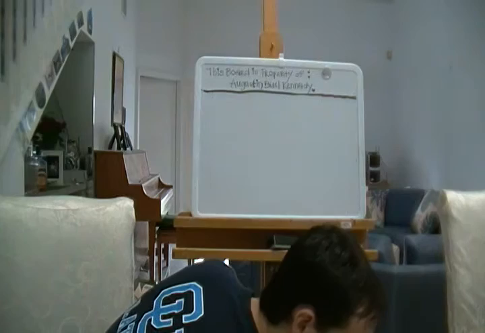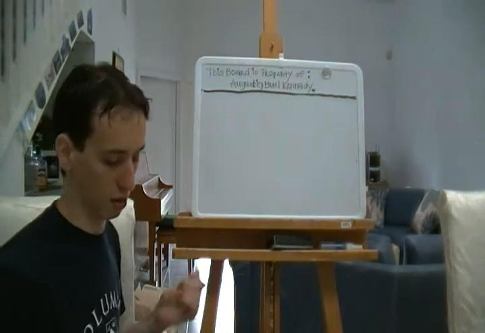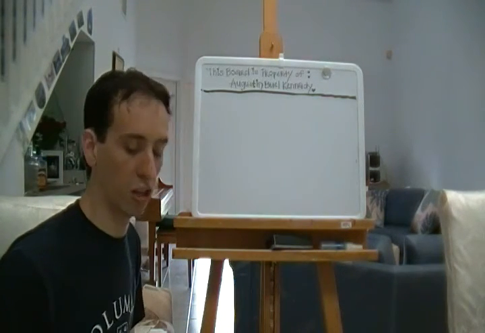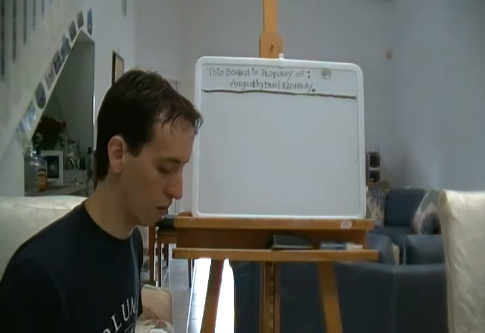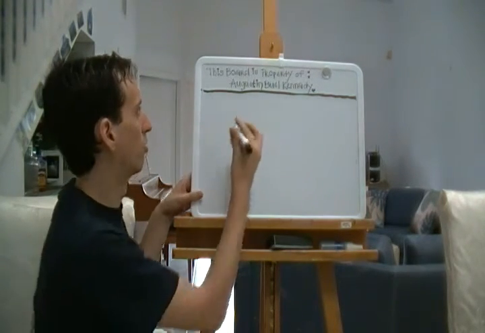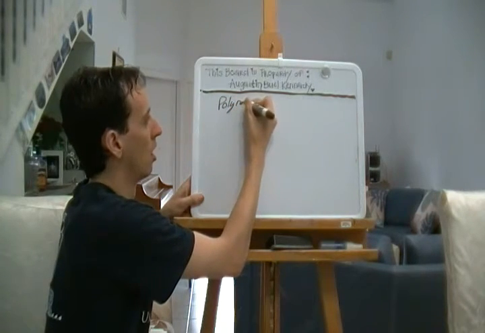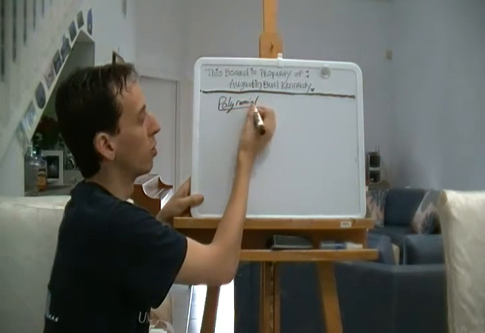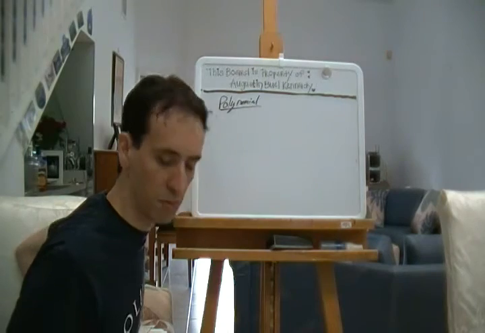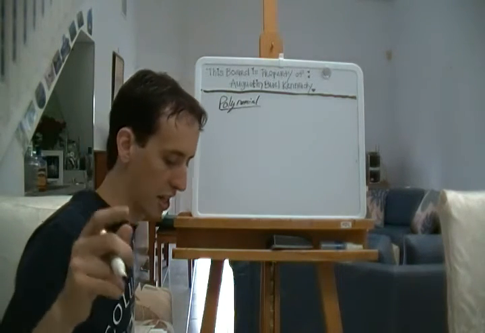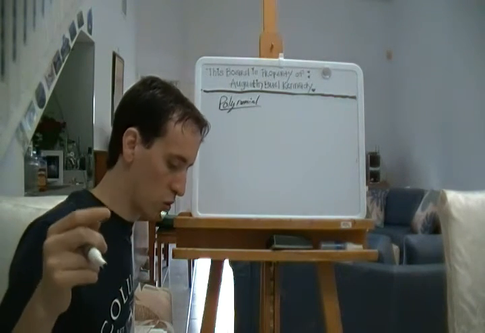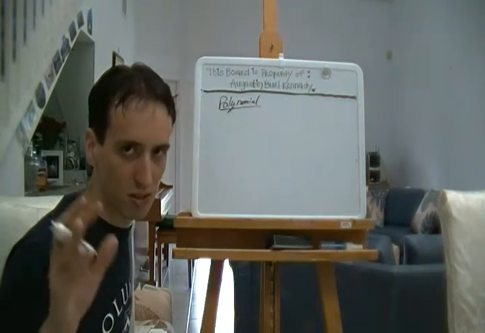So, the first thing that we're going to talk about are polynomials. Now, polynomials, I'll draw some examples. Like I said, we're not going to go over the formal definition of this. It's pretty basic. It's a sub n x to the n plus a sub n minus 1 x to the n minus 1.